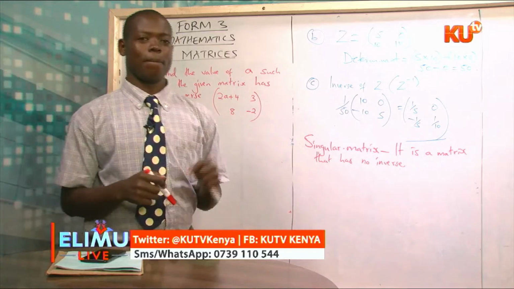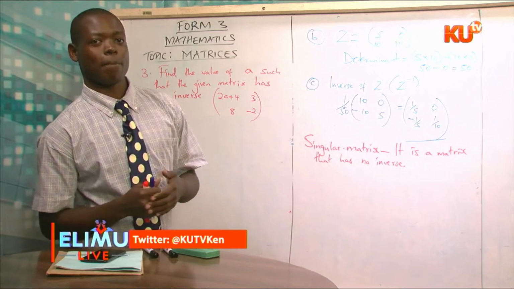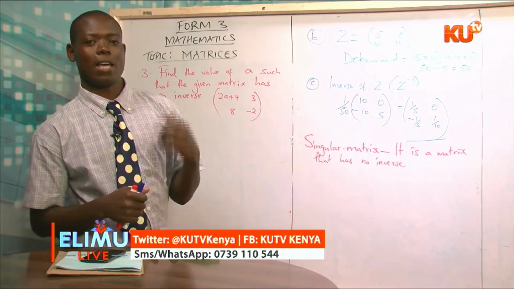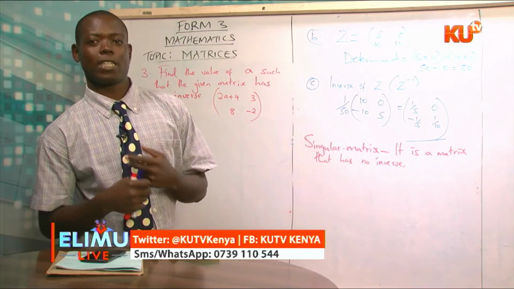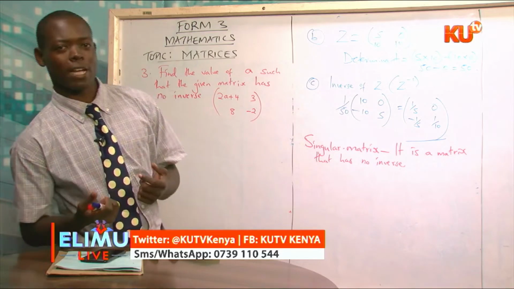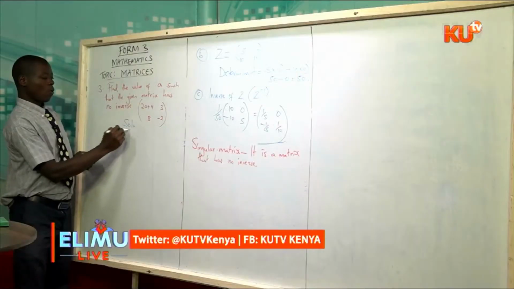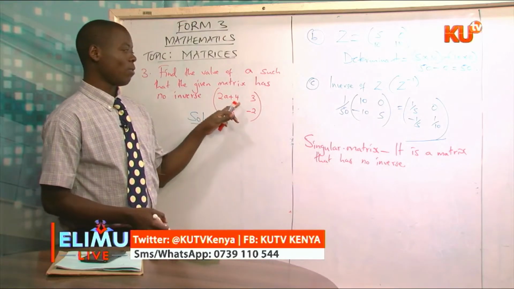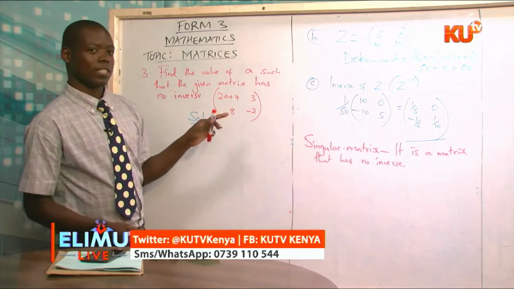Again, I'm repeating, they might not mention that it's a singular matrix, but rather say that the matrix has no inverse. Then remember, any matrix that has no inverse is a singular matrix. And therefore, if it's a singular matrix, the determinant is equal to 0. So we simply work it out with figures. What are the elements in the leading diagonal? We have 2A plus 4 and negative 2. The elements in the other diagonal are 3 and 8.